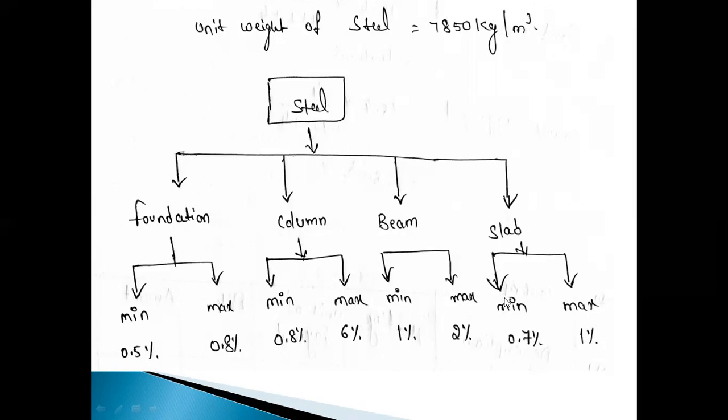Next one, slab. Minimum 0.7 percentage, maximum 1 percentage steel used in slab. This is the steel used in different portions in structures, mainly foundation, column, beams, slabs.